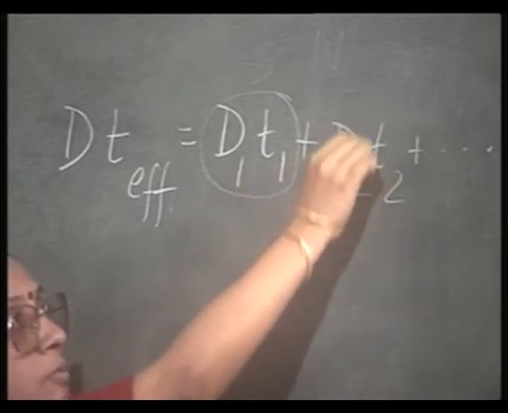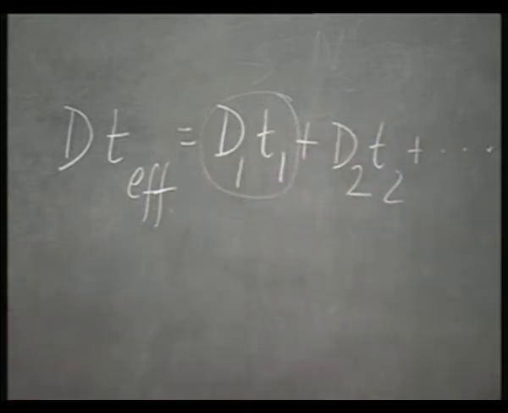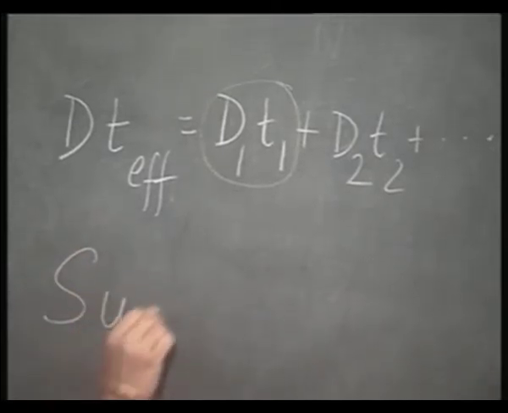Emitter drive-in was done for a time of t2 and at a temperature corresponding to which the diffusion coefficient of boron was D2. So, in that case the effective Dt will be given as D1 t1 plus D2 t2 plus, if there are any further processing steps. So, this is called successive diffusion.